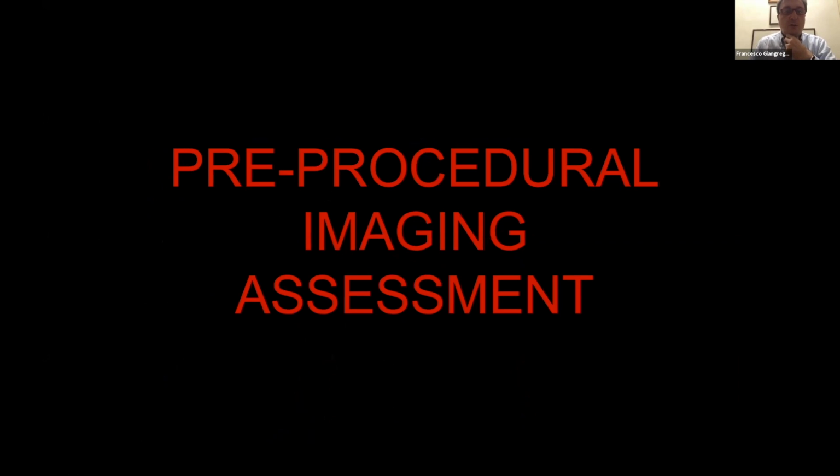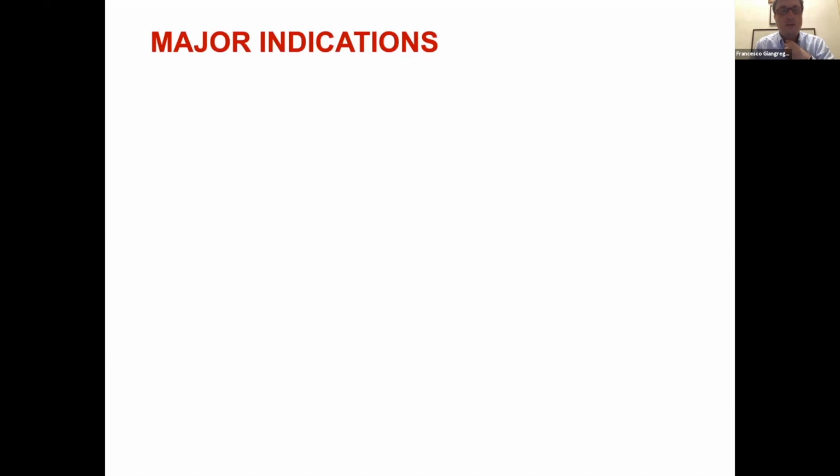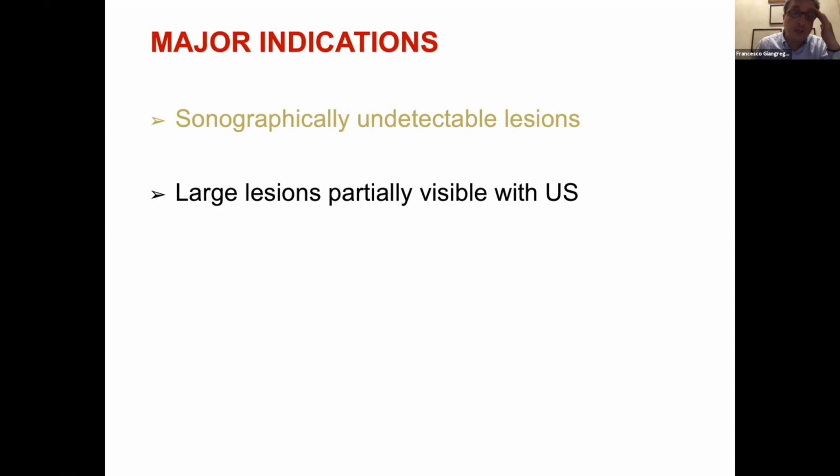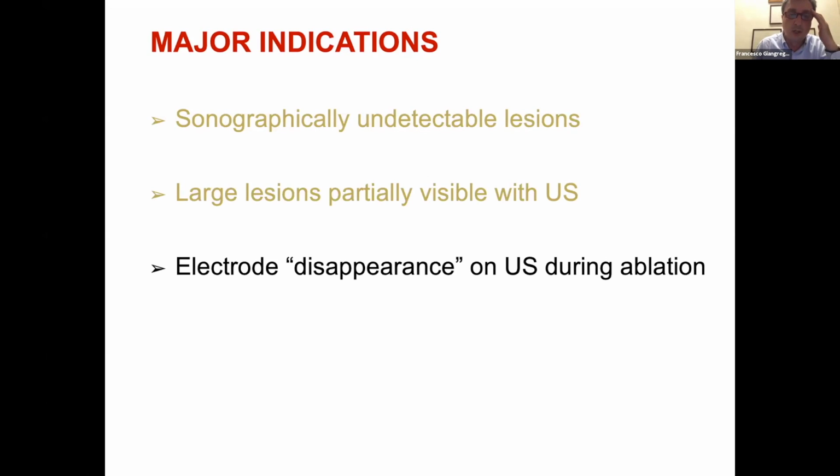So we can use fusion imaging in pre-procedural imaging assessment. The major indications are sonographically undetectable lesions, large lesions only partially visible with the US, but also the so-called electro disappearance on US during ablation.